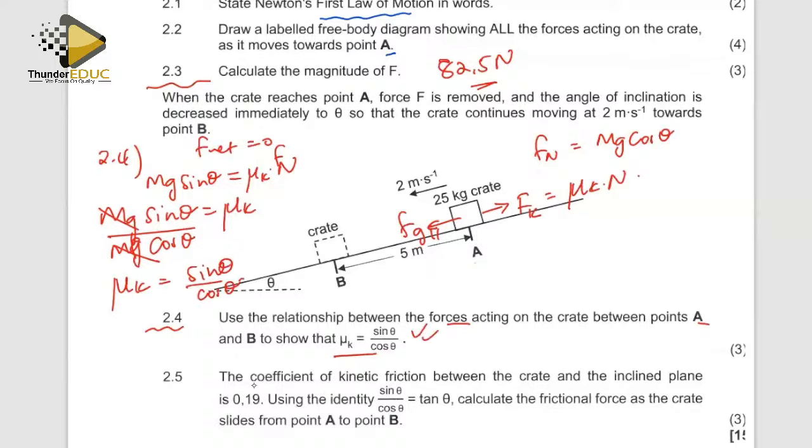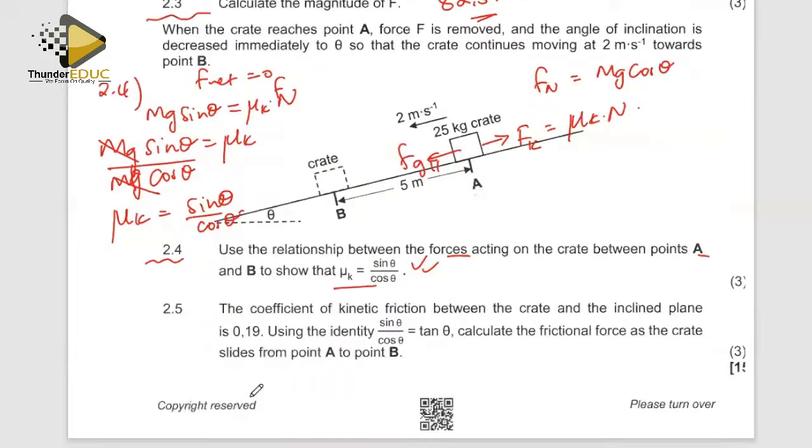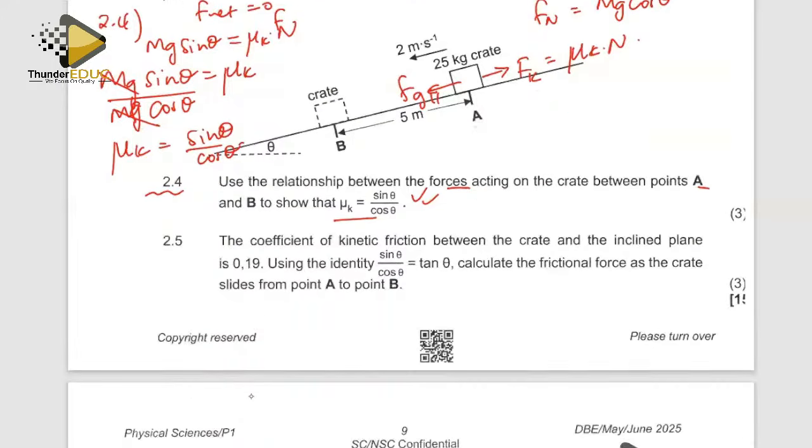Then 2.5, they're telling us that the coefficient of kinetic friction between the crate and the plane is 0.19. They want us to use this identity from trig. Oh Lord, why must maths always haunt us? Let's use this identity to calculate the frictional force as the crate moves from point A up to point B. One thing we need to know is that sine of theta over cos of theta must give us the tan of theta.